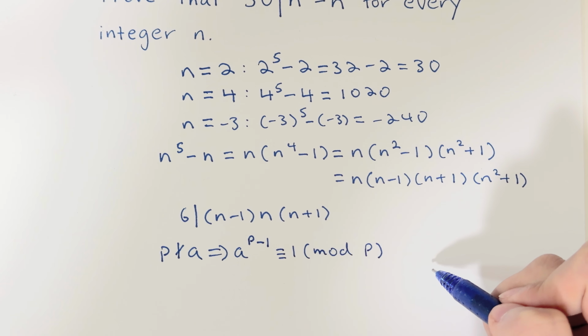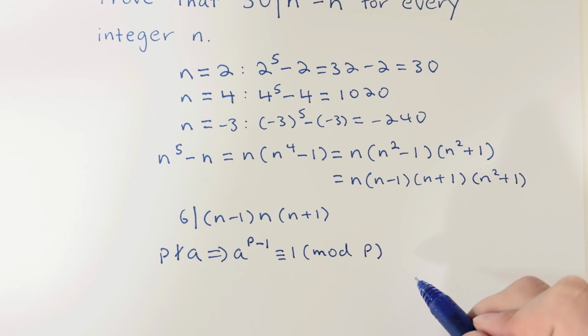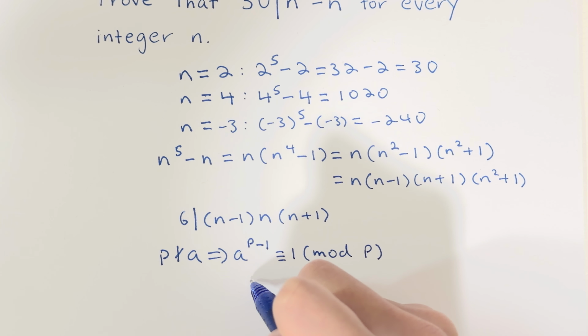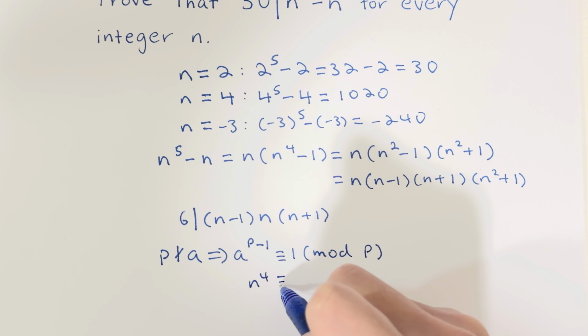For the prime p equals 5, this says if 5 is not a factor of n, then n to the power of 4 is congruent to 1 mod 5.